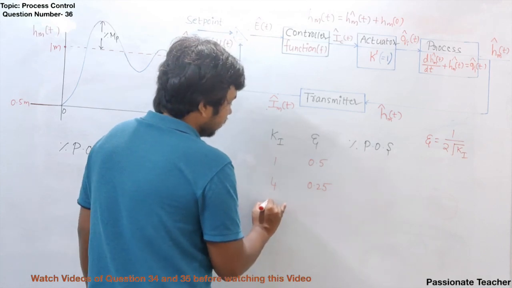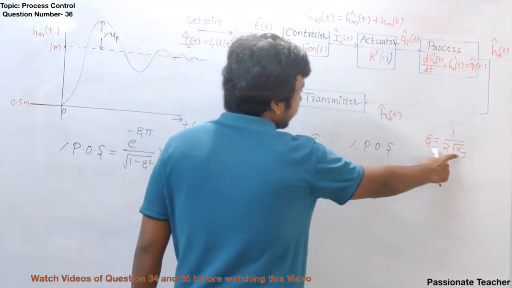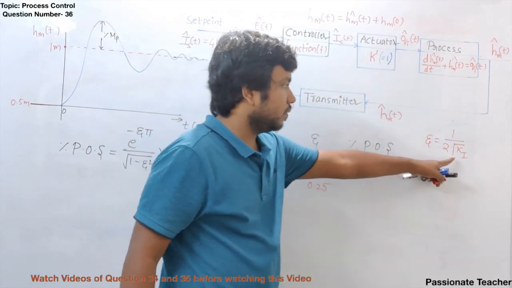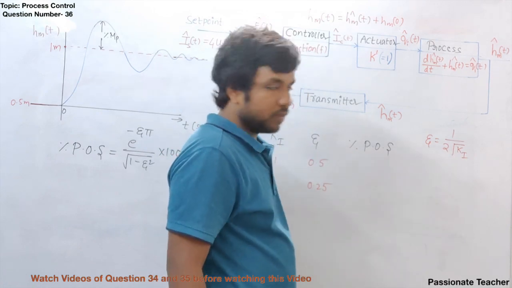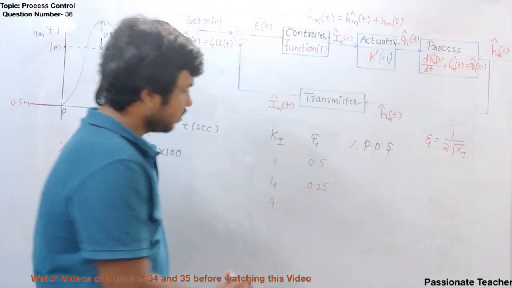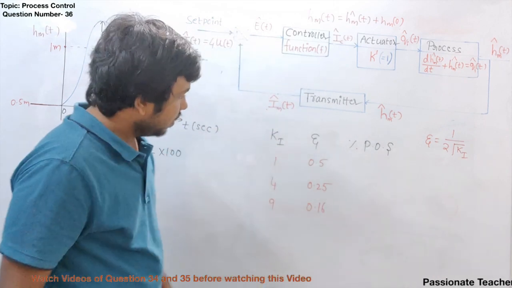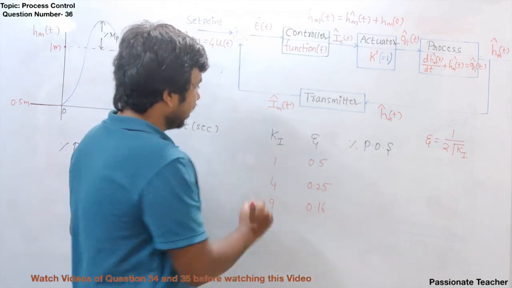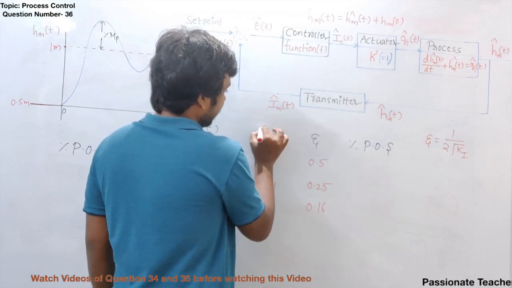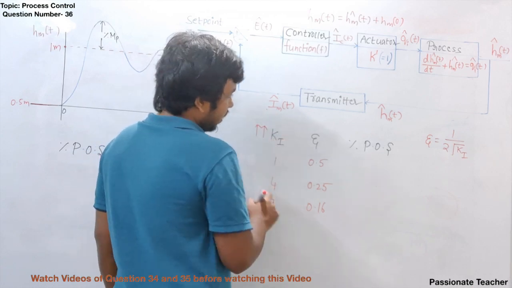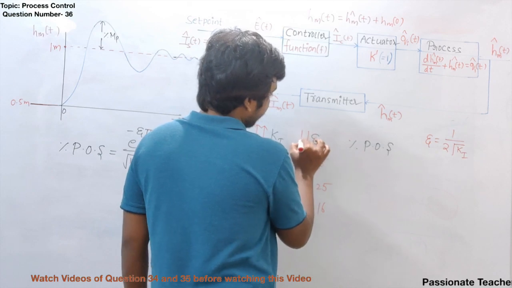And if I take Ki equal to 9, then under root of 9 is 3, 3 into 2 is 6, 1 by 6, this is going to be 0.16. Now have you seen this one here? When we increase the value of Ki, the zeta value is actually reducing.